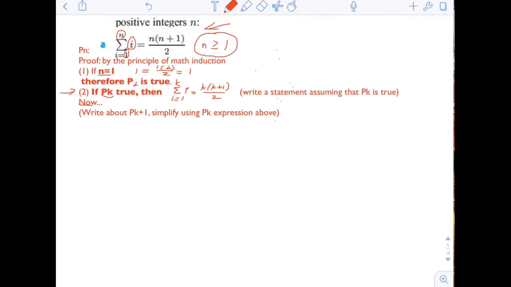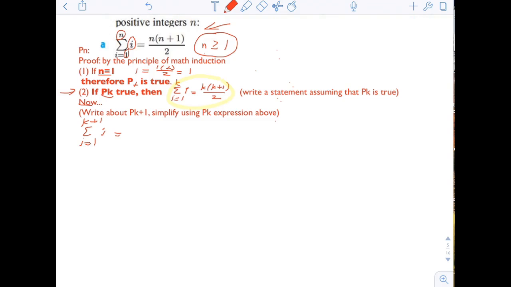Now, what we're going to do now is we're going to take the k plus 1th case, and we're going to write it out. So it's i equals 1 to k plus 1. And we want to try to manipulate it algebraically so that we can do this substitution on it.